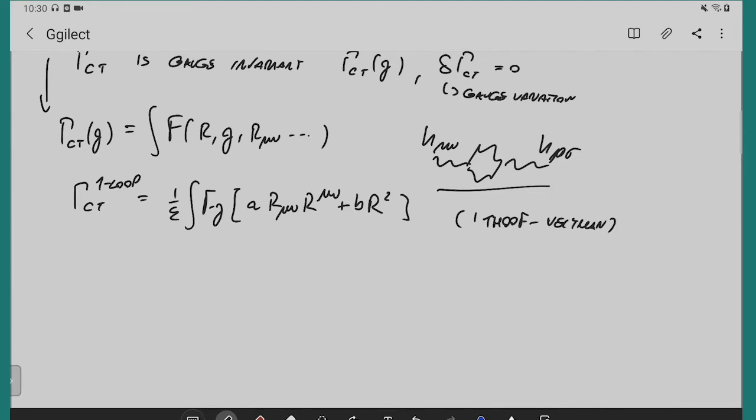Now, in the case of gravity, if it's pure gravity, as we are considering now, this is actually a lucky case because these terms are proportional to the equation of motion of pure gravity.